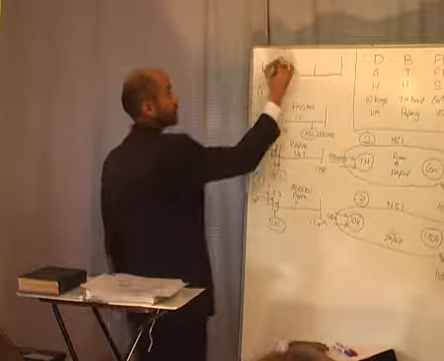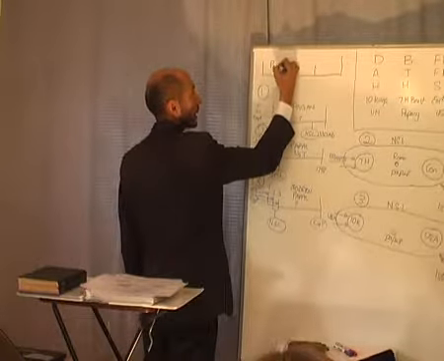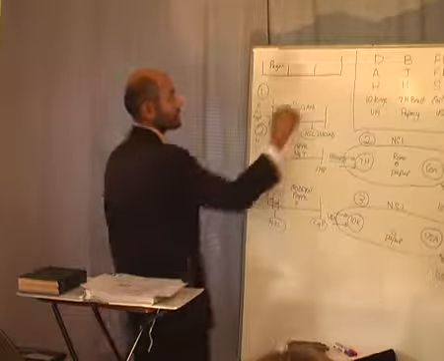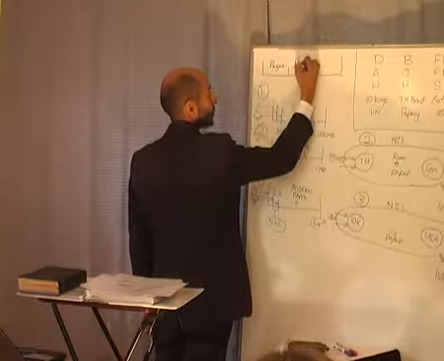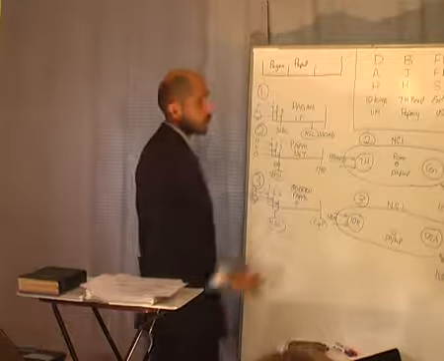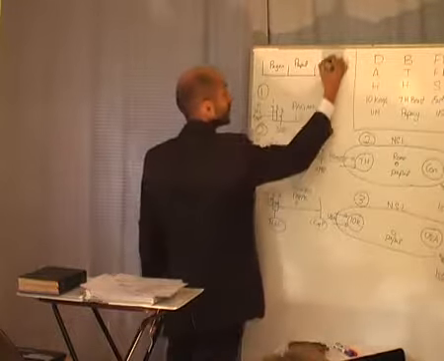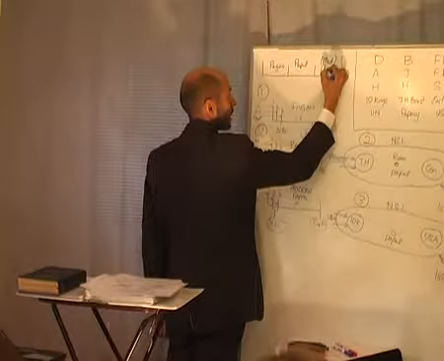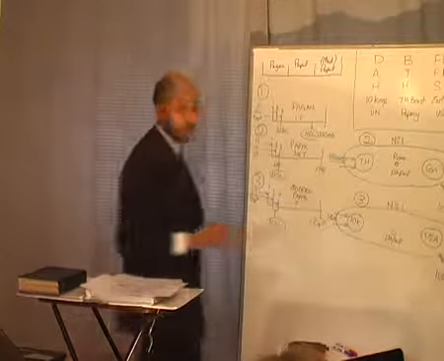The first segment was pagan Rome. The second segment was papal Rome, and the third segment we used the term modern papal Rome.